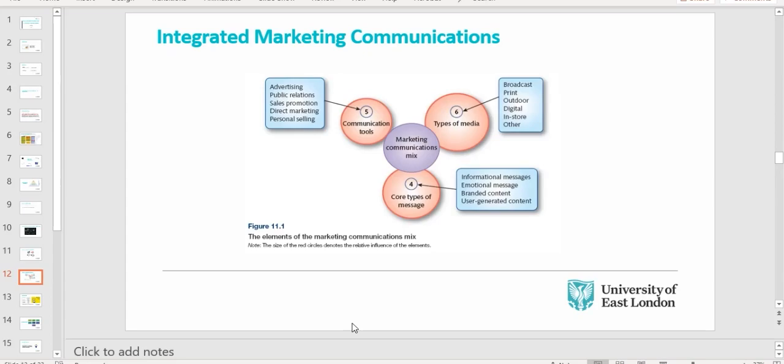There are other tools, what we refer to as the communication tools, like public relations, sales promotion, direct marketing. There's a number of ways. Sponsorship, you must have heard of a company sponsoring a cricket league or a football tournament. So sponsorship is also a tool in which a company can communicate or talk to the consumers.